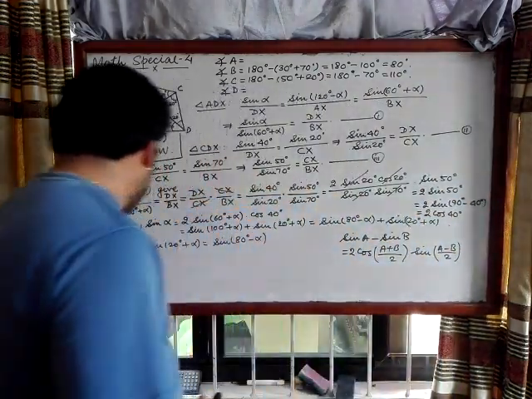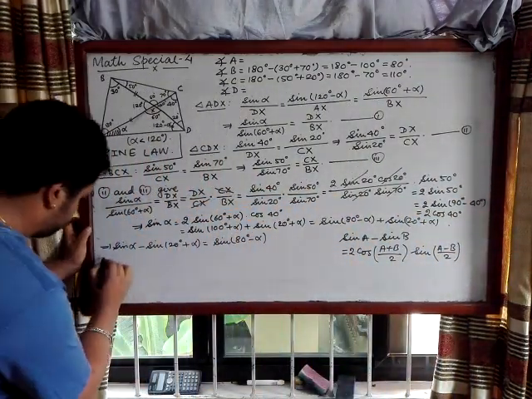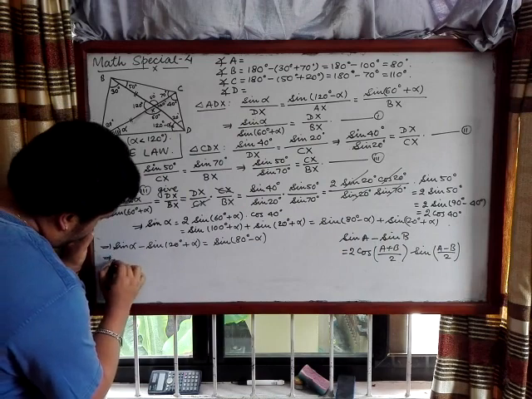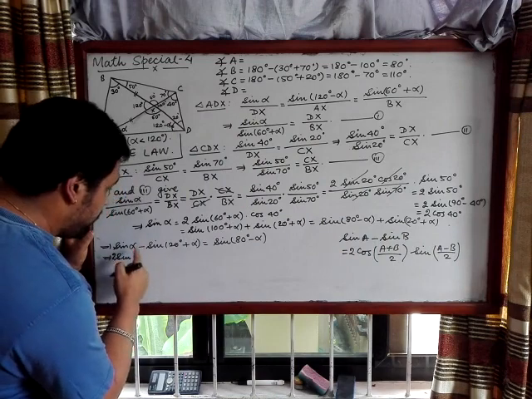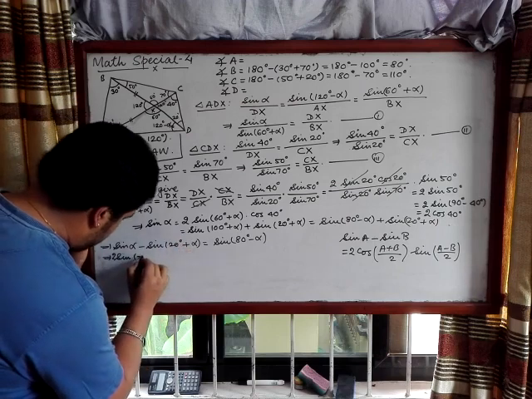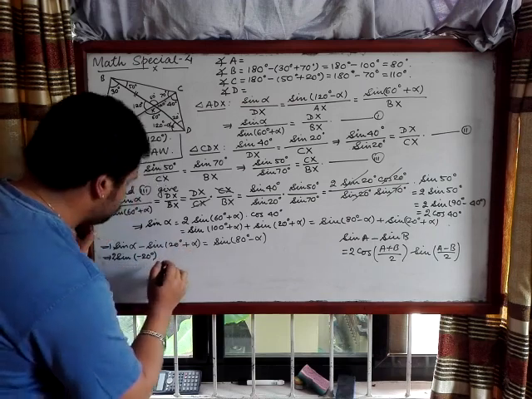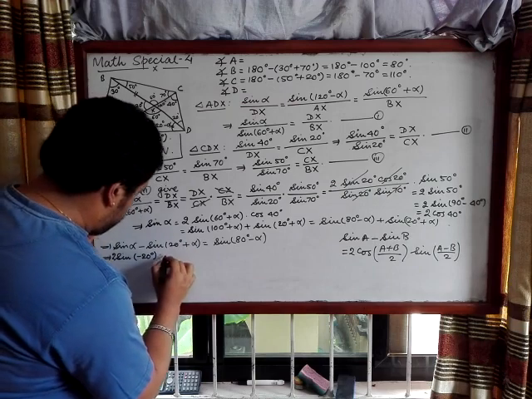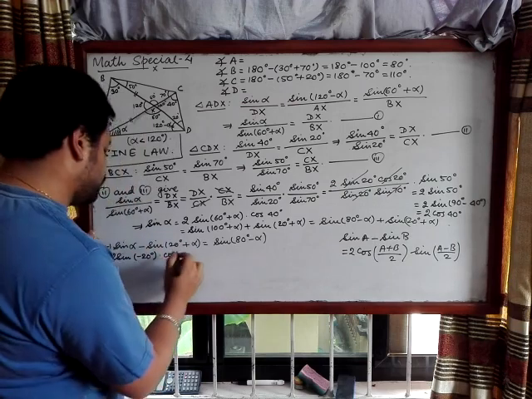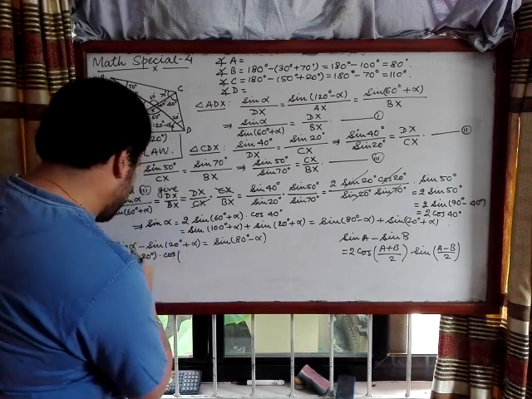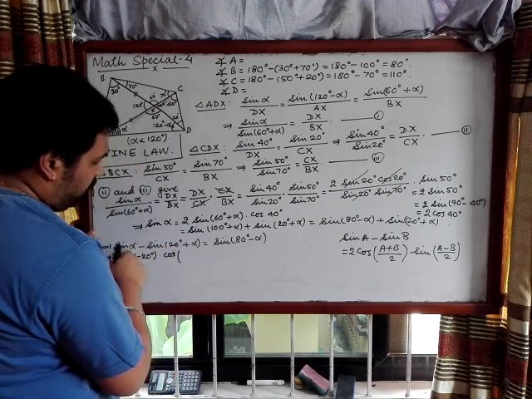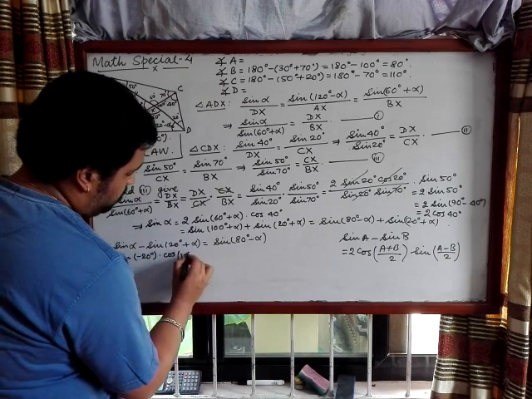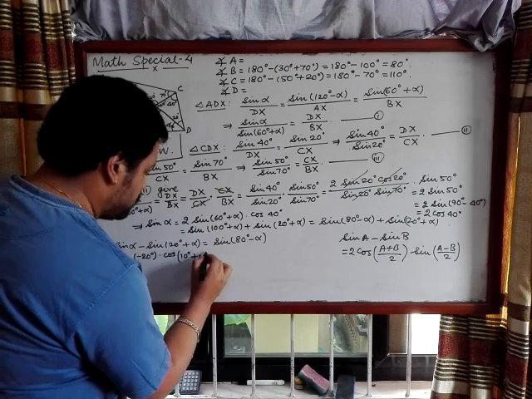So what we have here is 2 sine A minus B by 2 means minus 20 times cos A plus B by 2. 20 degrees plus 2 alpha by 2 means 10 degrees plus alpha.